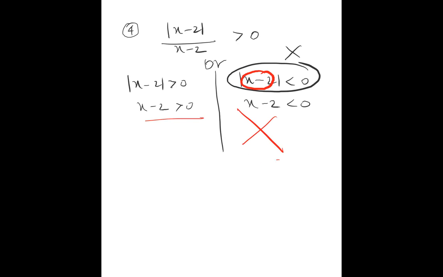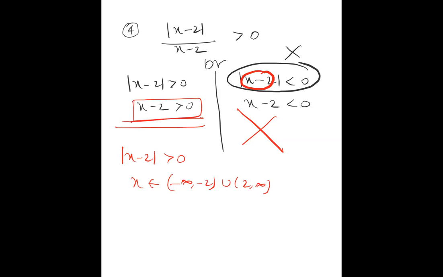So we only have to concentrate here, right? So we can solve this one. The first equation we have to solve separately, writing the direct answer. And for the second one, x greater than 2.